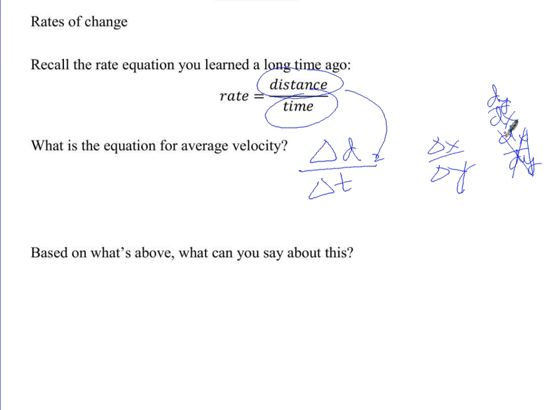If you graph this, you usually put time on what axis? y2 minus y1 over x2 minus x1. Sorry, I'm just a little confused today. Delta y over delta x. So what can we say?